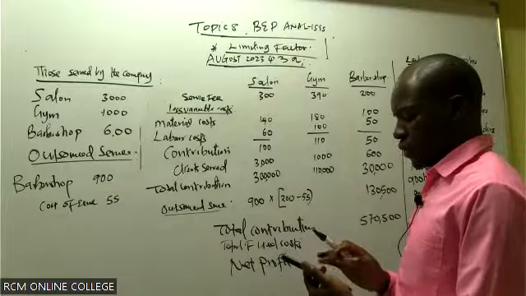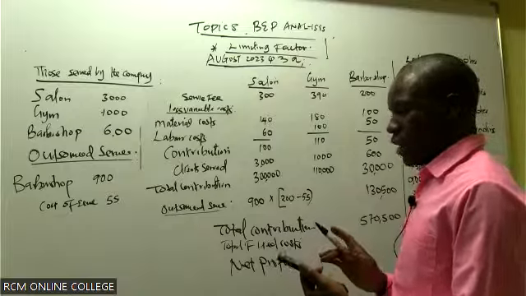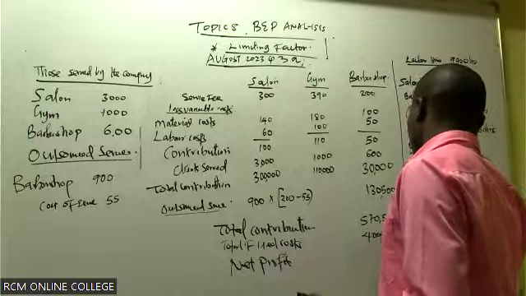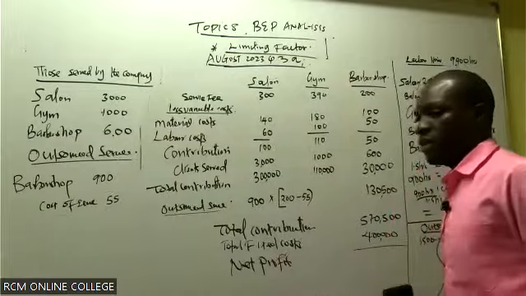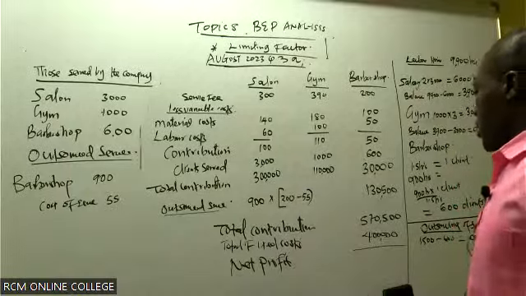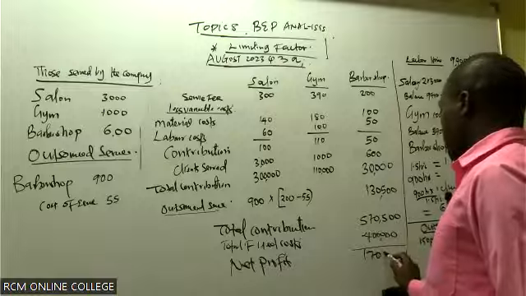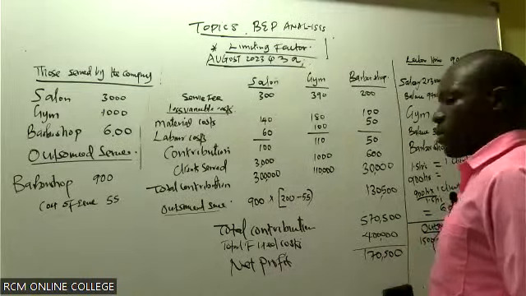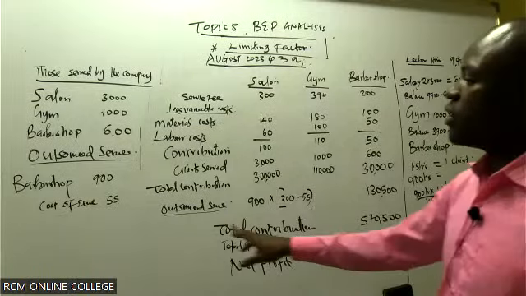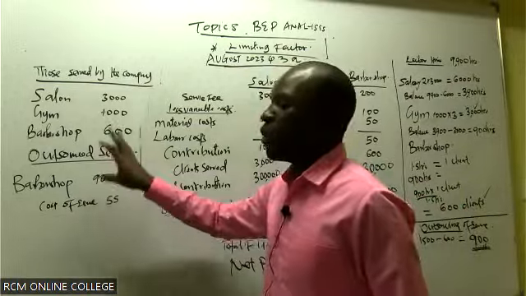Our total fixed cost ilikuwa 400,000. Give us the profit of this company. The profit of this company itakuwa ngapi? 170,500. As per the assumption that even these 900 people were served.